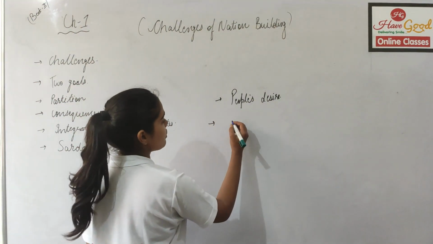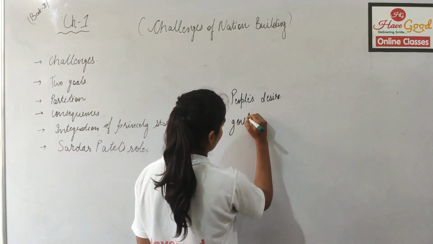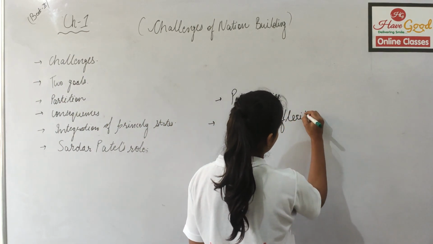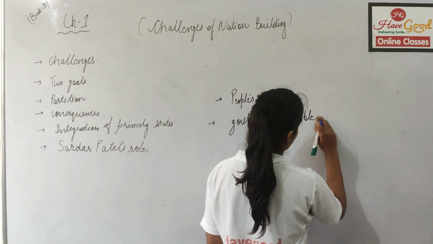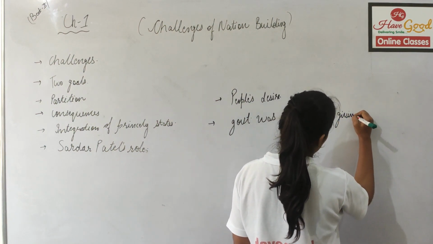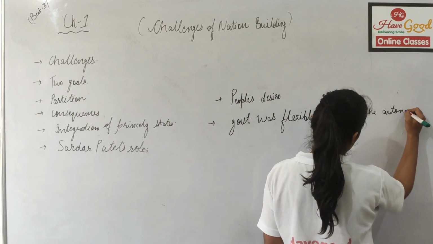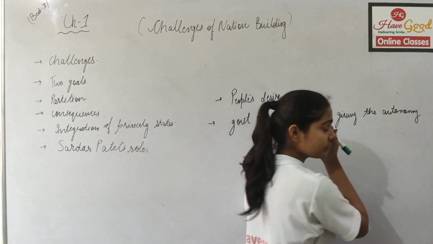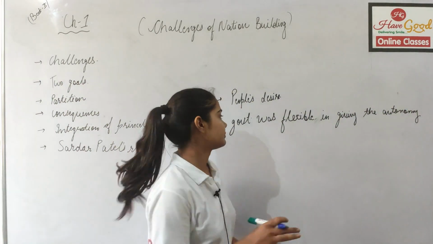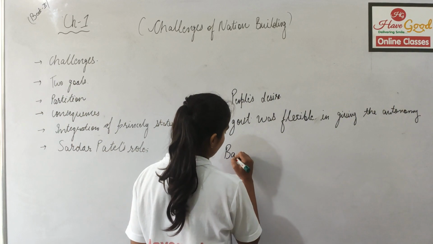The second reason is that the government was flexible in giving autonomy to specific regions. And the third reason is the backdrop of partition.